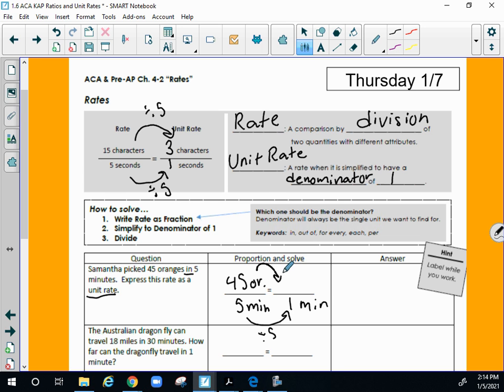Whatever we do to the bottom, we need to do to the top. Divide by 5, and we get 9 oranges. So our answer would be 9 oranges per minute.